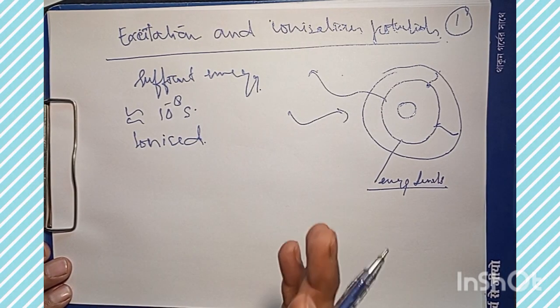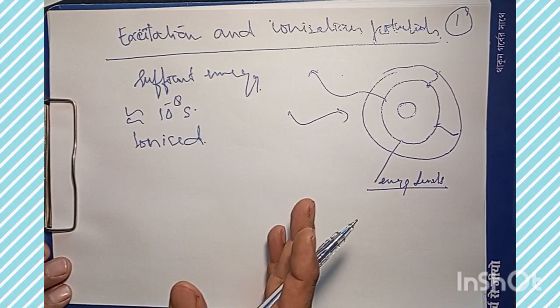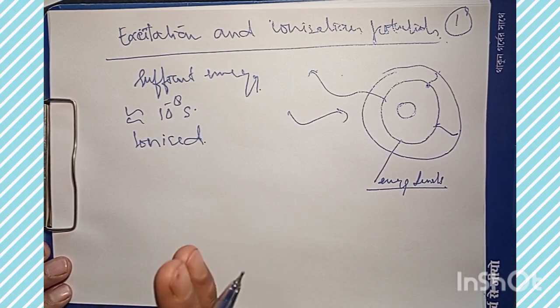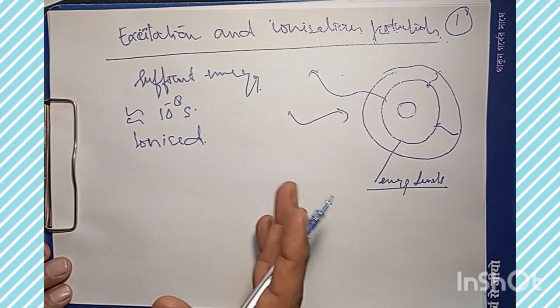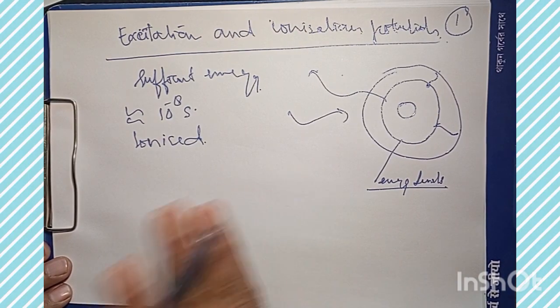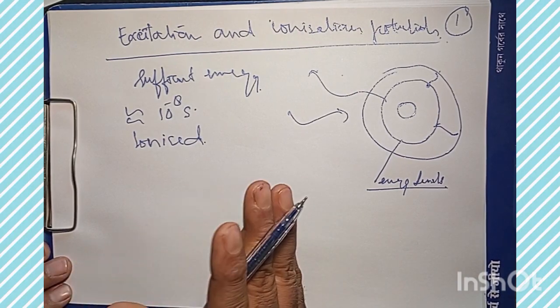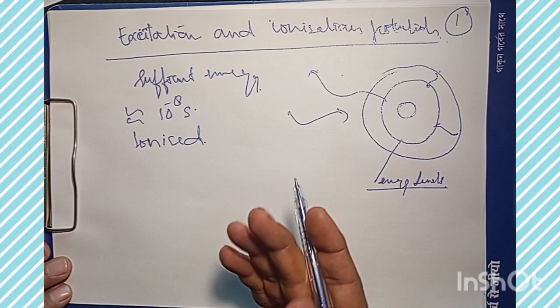Now, the energy that we have calculated from Bohr's model of the hydrogen atom, the energy that's required to excite or ionize a given atom, is perfectly definite. It's not anything in between.